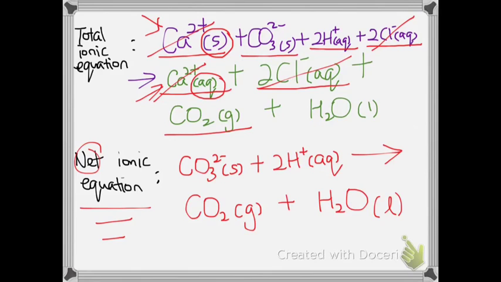I stress again, when a solid is reacting, we will have to take into account its individual ions when constructing an ionic equation, even though it is in the solid state.